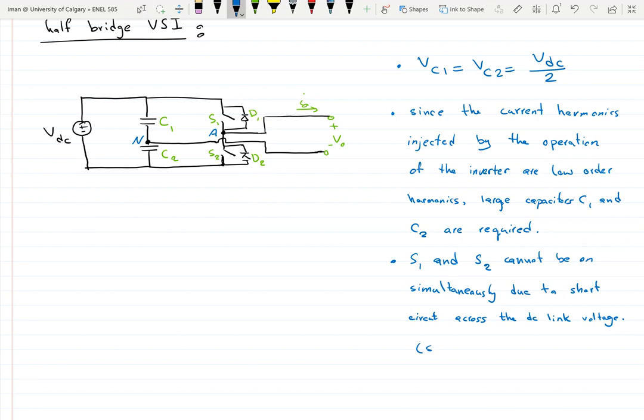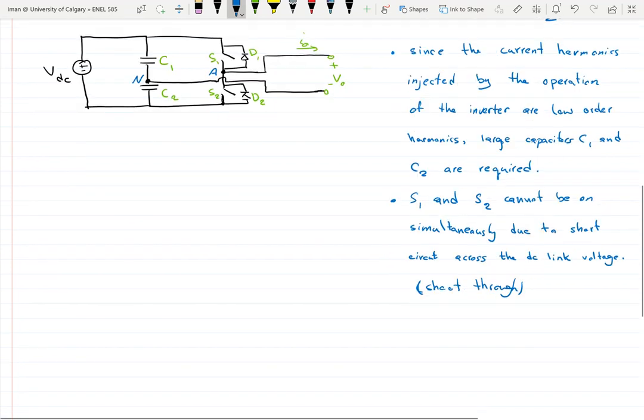Or they call this phenomenon the shoot through to your switches.